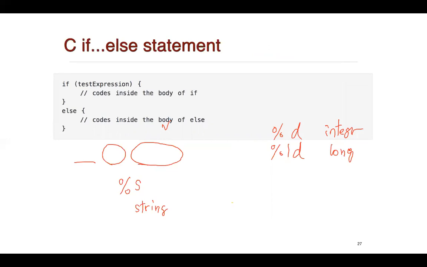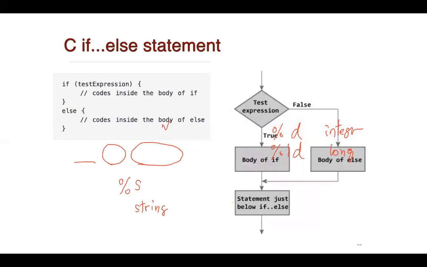For the if-else statement, you can see that this is the way that I put the braces like this, and similarly for else, you use the beginning brace right after else. And this one is the way that you can write the flowchart for the if-else statement.